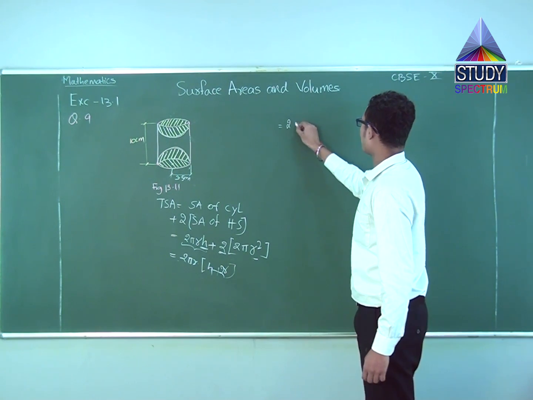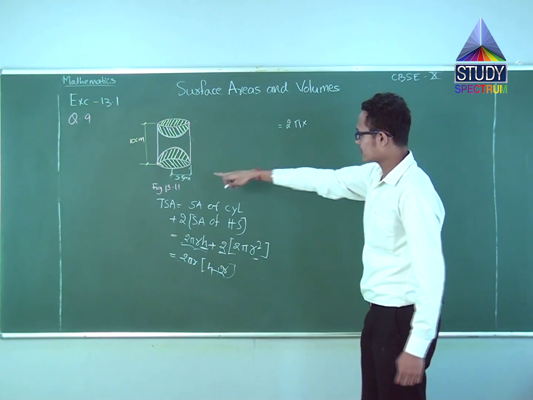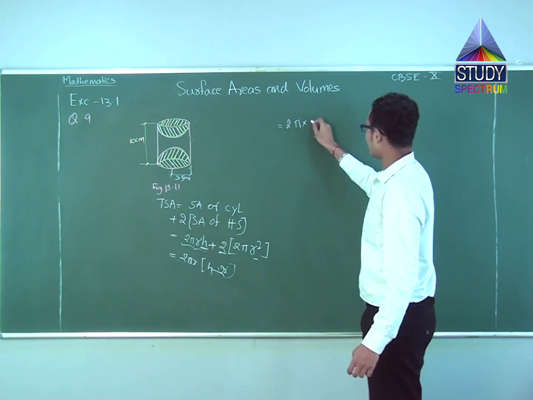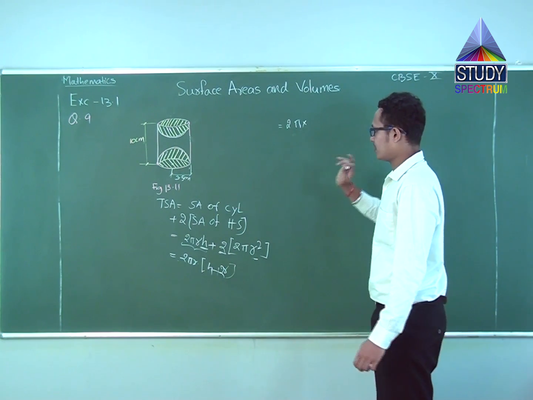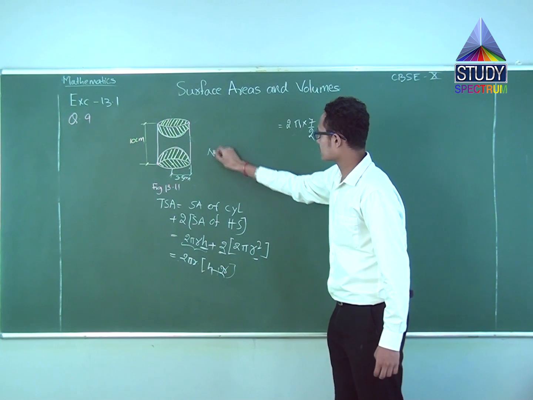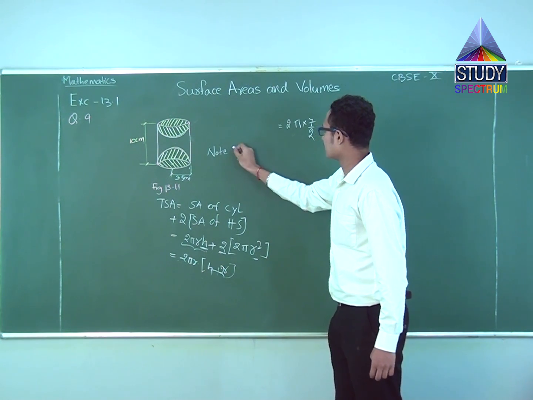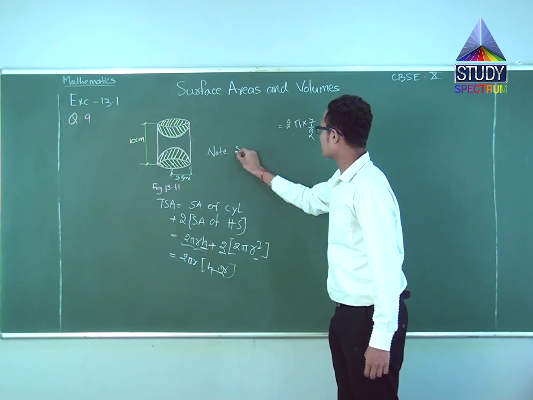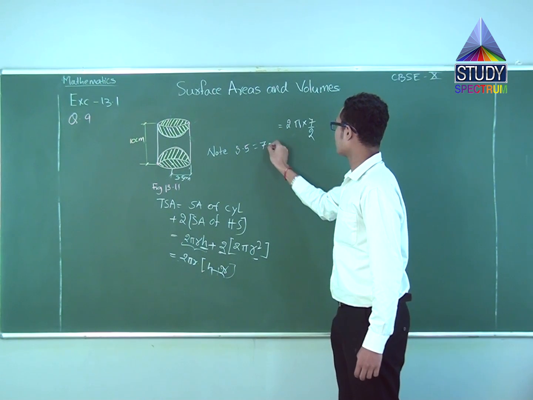2 pi into r is 3.5. I can also write 3.5 as 7 upon 2. Note just here, 3.5 is equal to 7 upon 2.